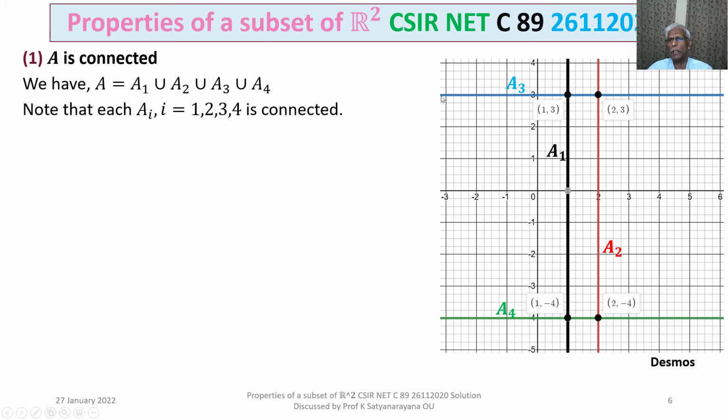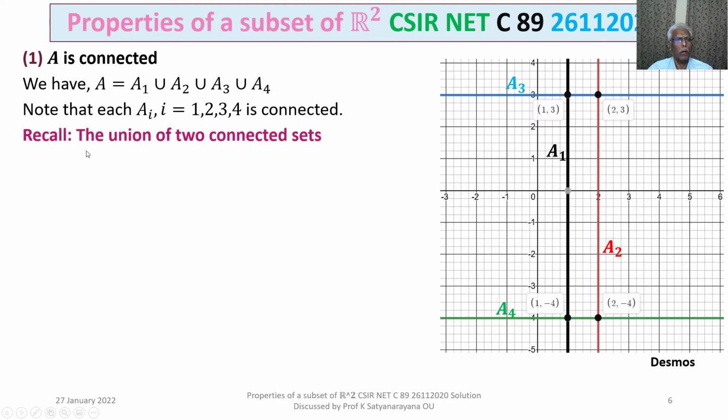Why? You can see each is a straight line extended from minus infinity to plus infinity. It is just like R, minus infinity to plus infinity, which is connected. So note that each Ai, i equal to 1, 2, 3, 4, is connected.